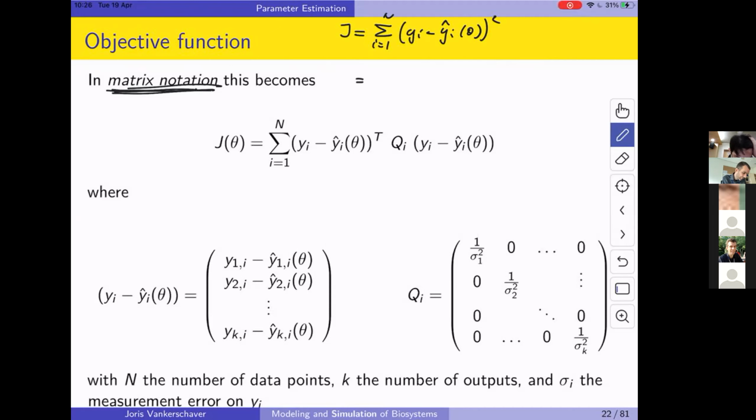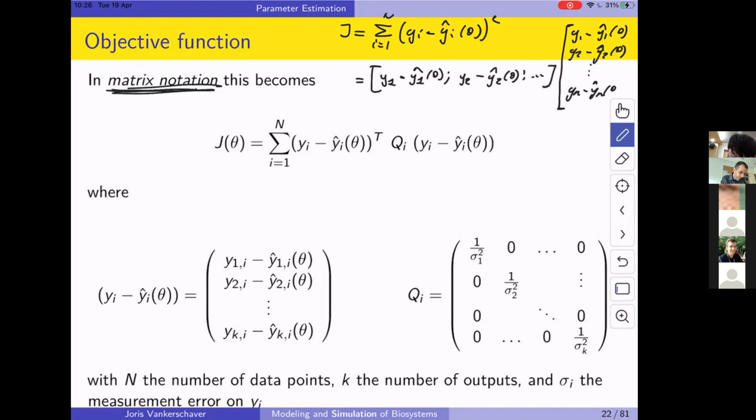And so we can write this as a row vector, (y1 minus y1 hat theta, y2 minus y2 hat theta, and so on), times a column vector, y1 minus y1 hat theta, y2 minus y2 hat theta, and so on, yn minus yn hat theta.